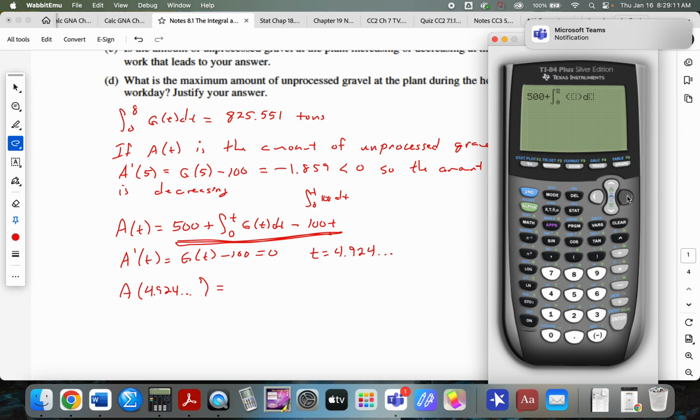You don't have to store it. This is y1 with respect to the variable x minus 100x. 635.376 tons.